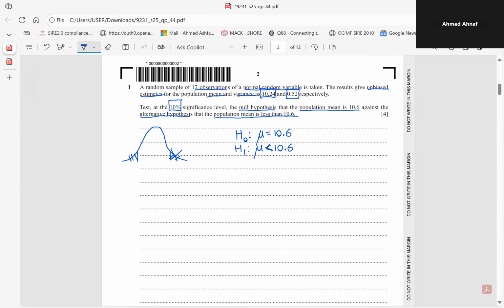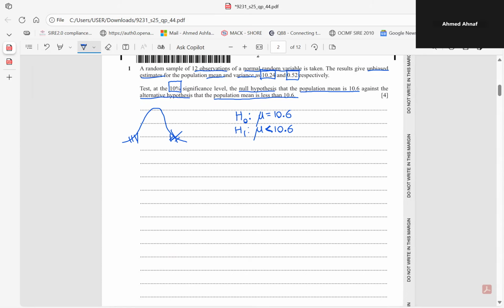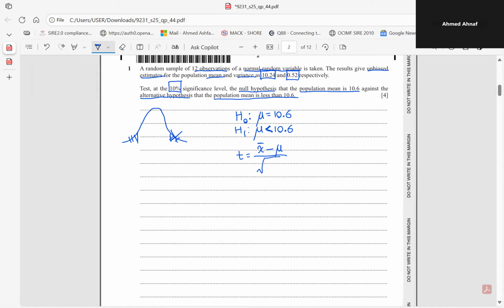All right, now that we know what test we have to do, we can find our test statistic. The formula for our test statistic T is equal to the sample mean minus the population mean that we have defined in our null hypothesis, divided by the standard error, which is the square root of the sample variance divided by n. n in this case is 12.